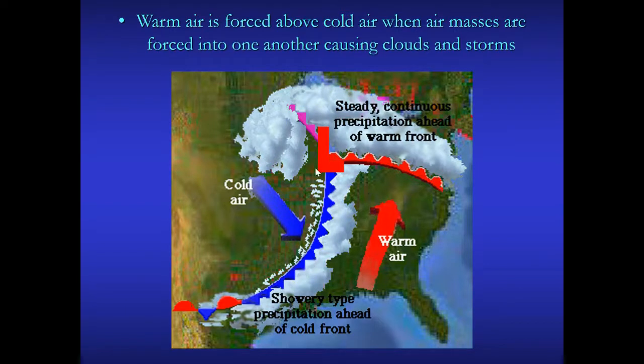A warm front is where warm air pushes its way into a region, and those are indicated by this line with red half circles. Usually, when cold air comes plowing its way in, clouds and storms are produced. And when moist air pushes its way in, you usually get steady rain.